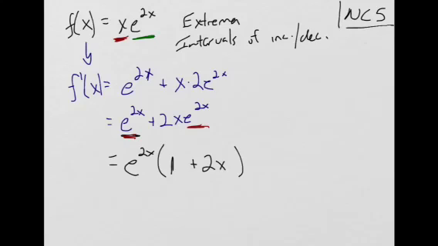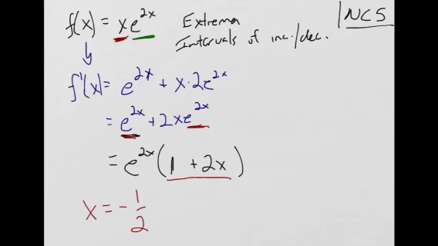You should know that the graph of e to the x has an asymptote, so it's never going to hit that axis, so it's never going to be 0. That leaves me with this part, and since the first part's always positive, the whole derivative follows the sign of this underlined red thing. So I set that equal to 0, and I get x equal to minus 1/2.